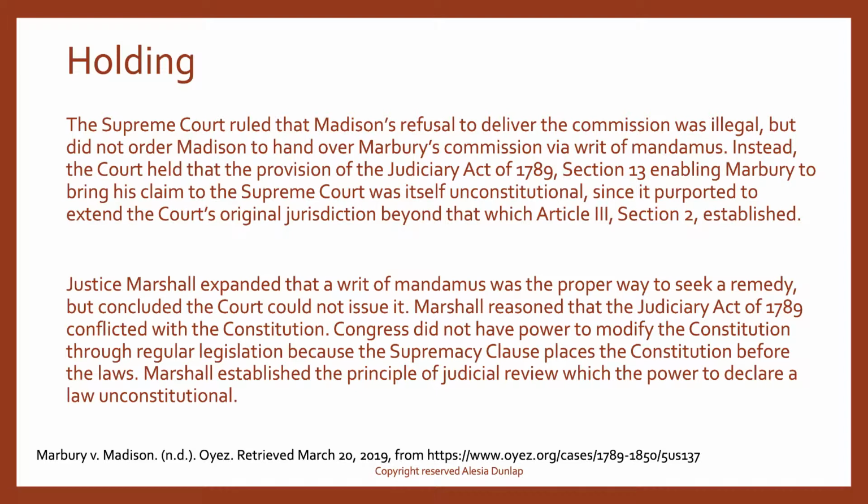Now, you can think of this as the enumerated powers of the Supreme Court. You know how Congress has the enumerated powers, which is Article 1, Section 8. Well, you can think of this as the Supreme Court's version of their enumerated powers.